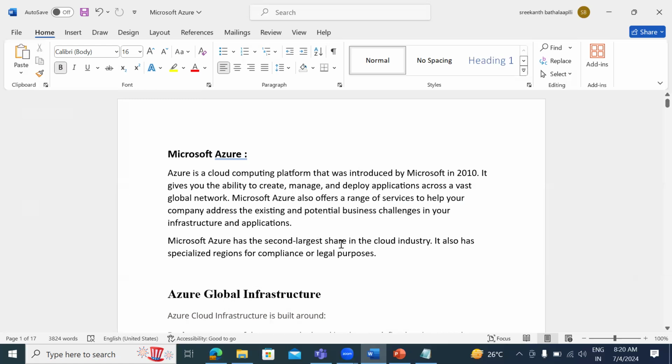Microsoft Azure is the second largest cloud service provider. Who is the leader? AWS is the leader, because they came early into the market. AWS came in 2006 itself, and Azure came in 2010.